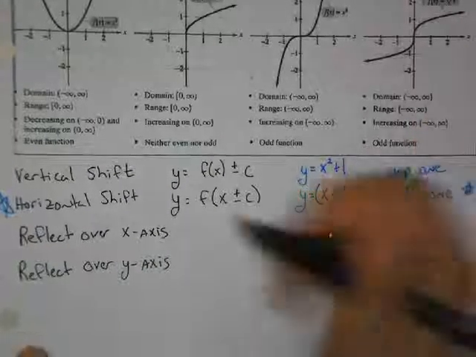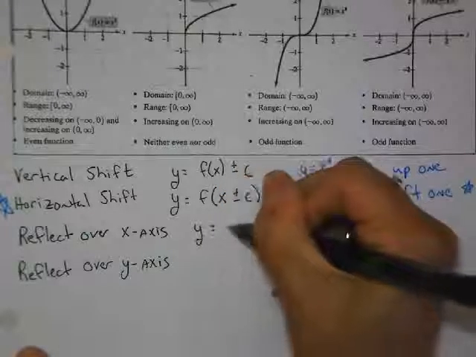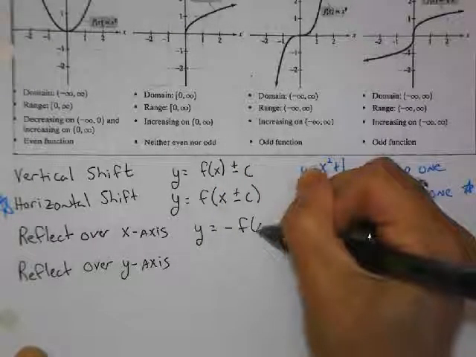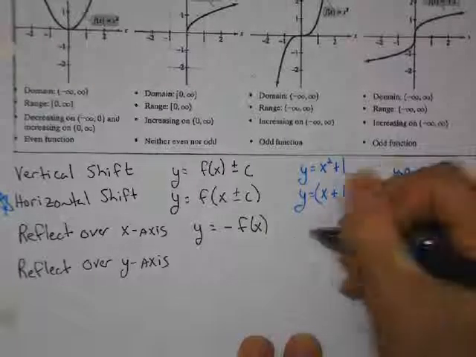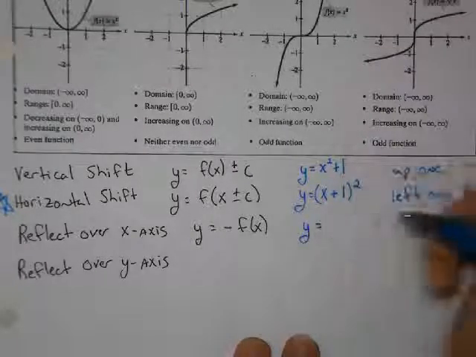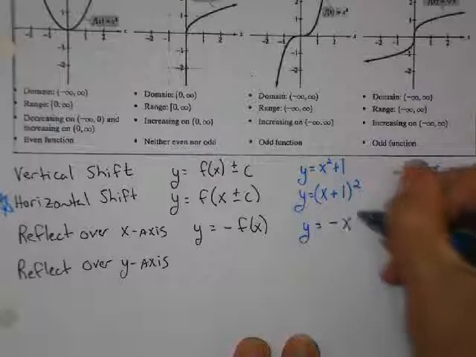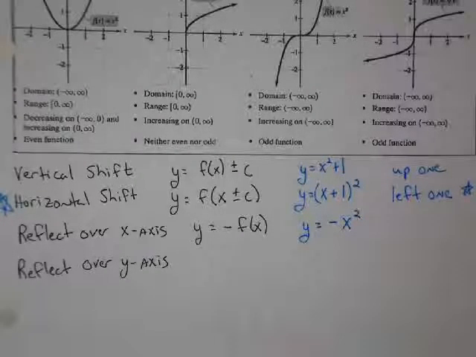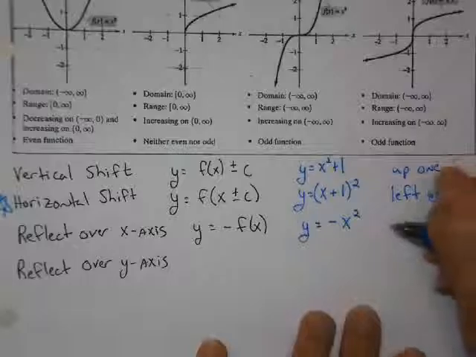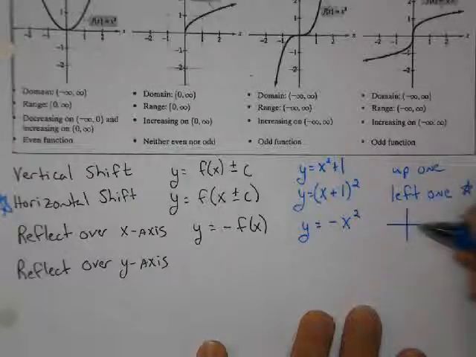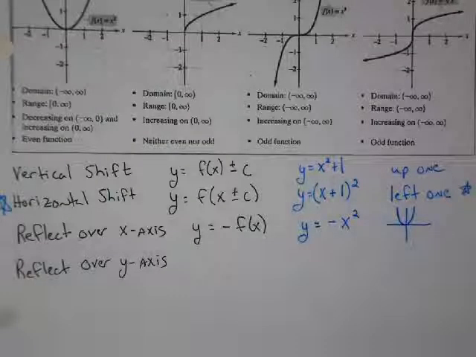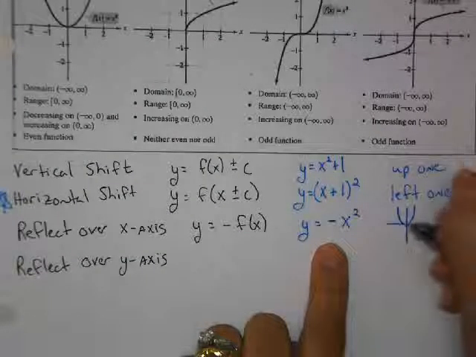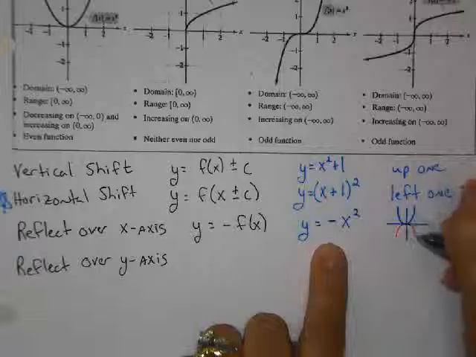Reflecting over the x-axis is y is equal to negative f of x. So let's take our parent function x squared again. A reflection over the x-axis would look like this. To reflect it over the x-axis, I'm just going to give you a visual picture. This is my parent function. When the negative is in front, it flips over the x-axis like that.